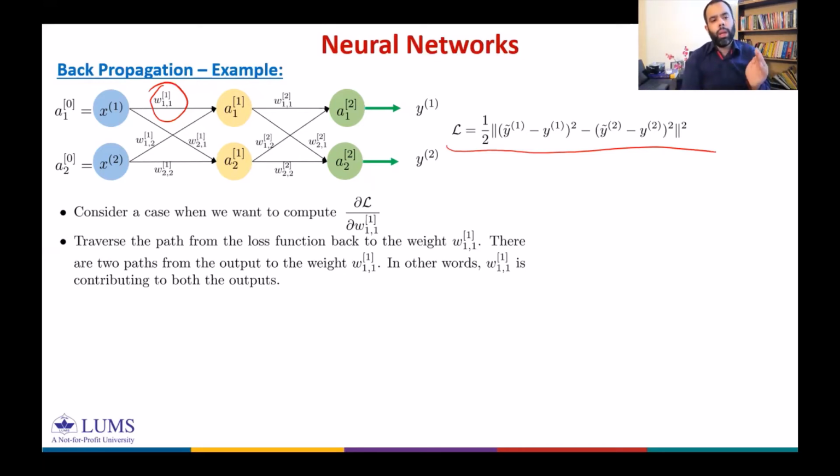Or if you see it the other way, weight 11 contributes towards the loss along two paths. It is impacting y1 tilde, and it is also impacting y2 tilde. In other words, this weight is contributing to both the outputs. So in this case, how do we compute the partial derivative of the loss function with respect to this weight? This is what we want to compute.